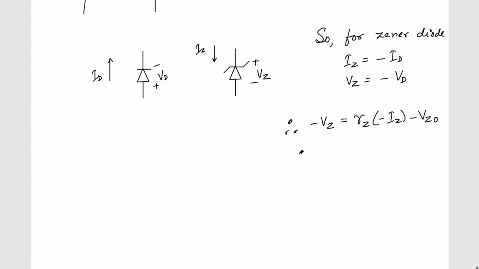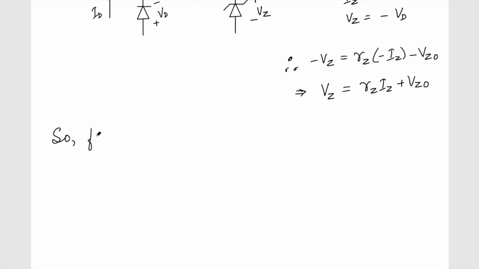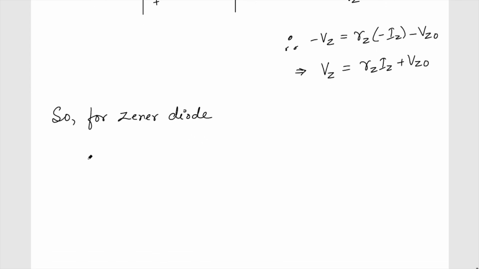This implies that my Vz is equal to Rz Iz plus Vz0. So for Zener diode, my Vz, the voltage across the Zener diode, is given by Rz Iz plus Vz0.